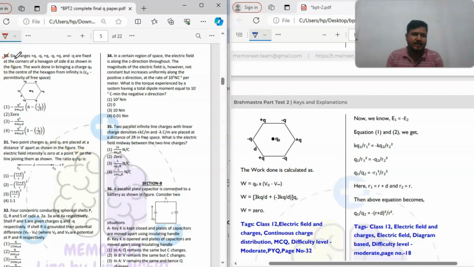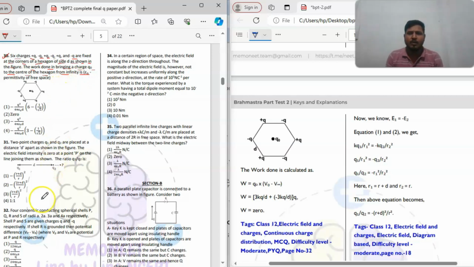The question is that six charges plus q, minus q, plus q, minus q, plus q and minus q are fixed at the corners of a hexagon of side d as shown in the figure, right? The work done in bringing a charge q naught to the center of the hexagon from infinity is.